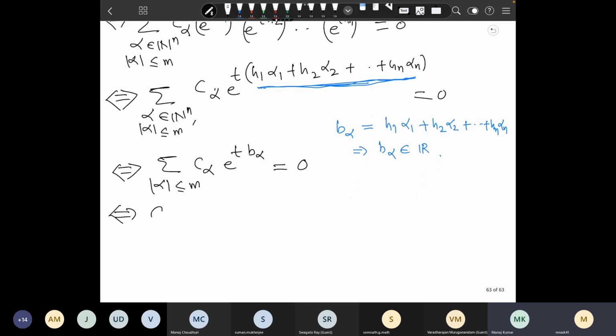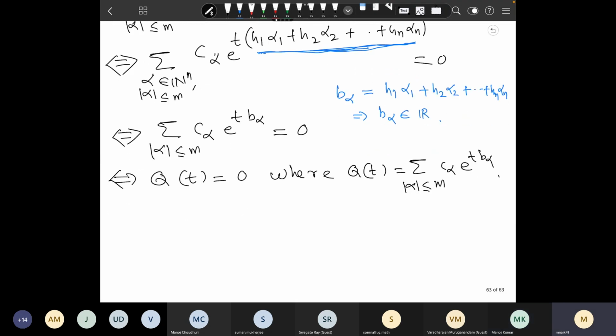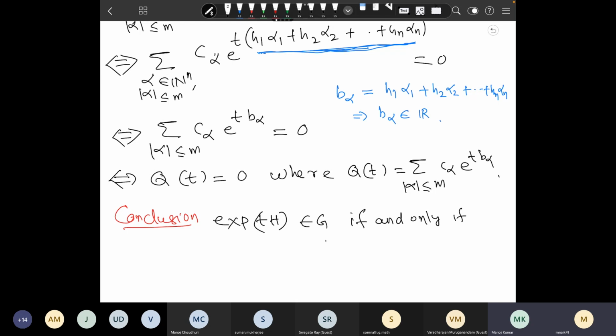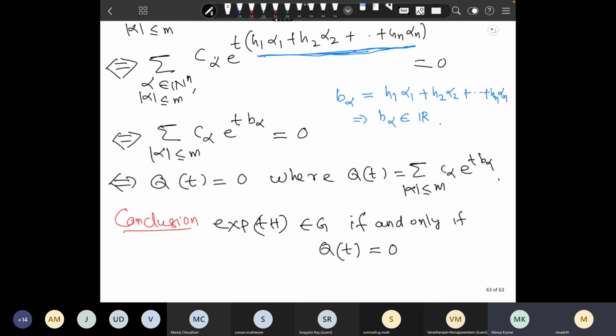This is the same thing as Qt equal to 0, where Qt is a polynomial exponential in the variable t. So the conclusion is that exponential of th belongs to G if and only if Qt is equal to 0.